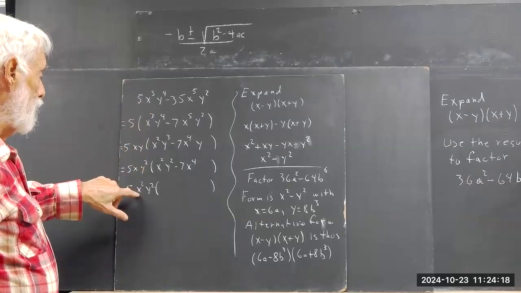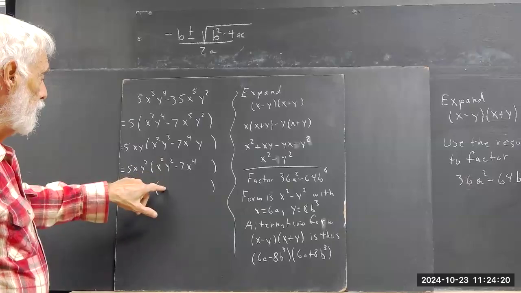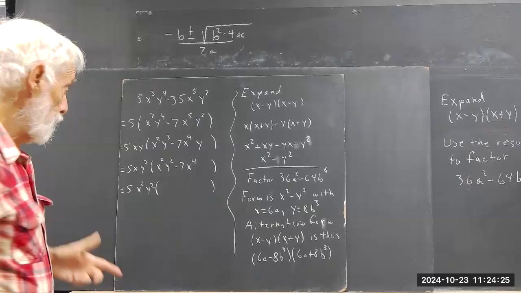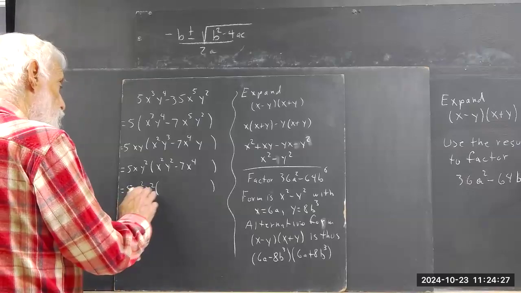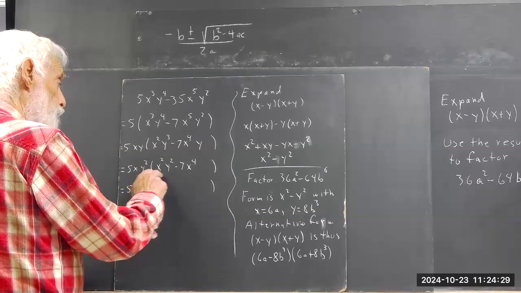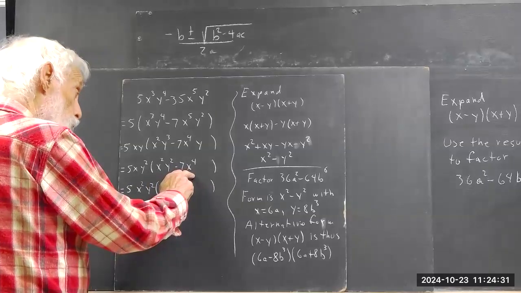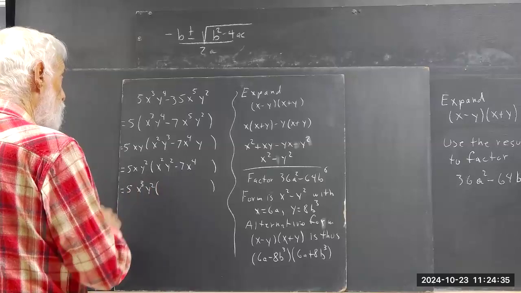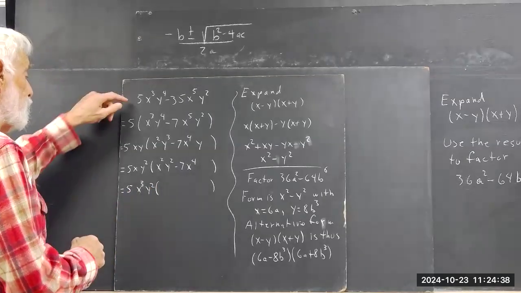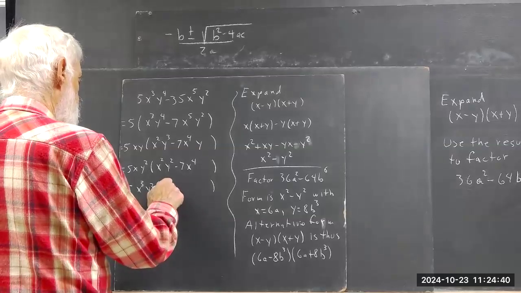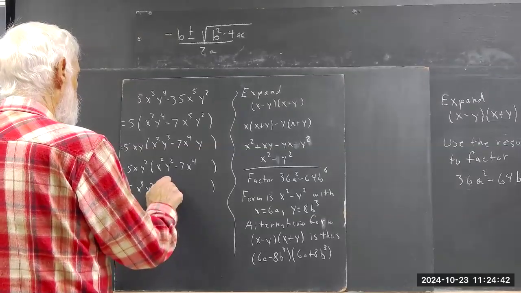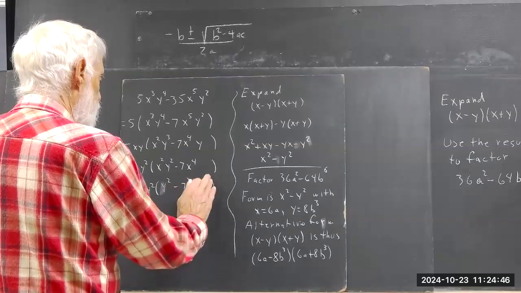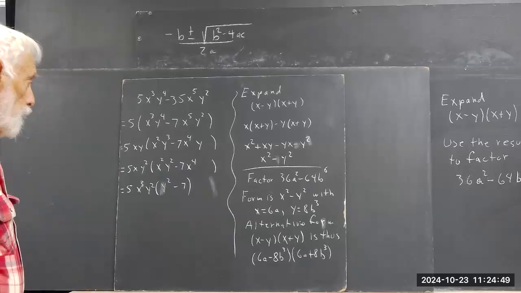If I have an x squared here, I'm going to need another x here in order to get the x cubed that we started with. So we could take the x squared out, we'd be left with an x here and an x cubed here. But if we do it with an x cubed, then we're going to have no x, we're going to have y squared minus 7. And we close the parentheses a little quicker on that.